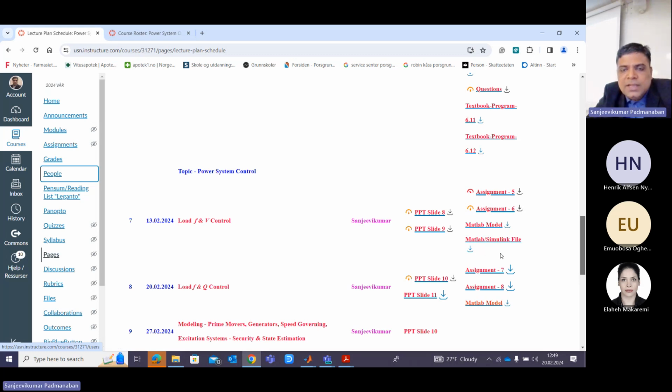In one simulation file, just have a look at how to make a transfer function of your prime mover, inlets, and of course the turbine model, generator model, and how to create the feedbacks, etc. So just simple basics. There are some examples in your textbooks which are available here and here, and try to understand so that your understanding of the subject is better.